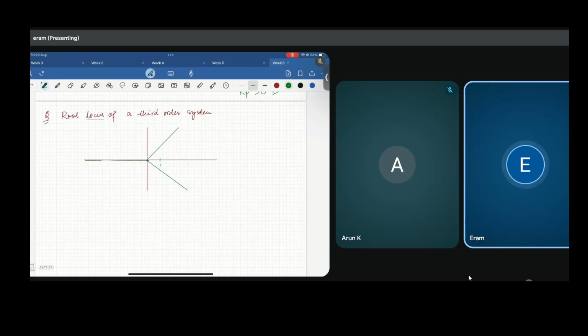This is 1, 2. This point is root 3, 2 root 3. Similarly, minus root 3, minus 2 root 3. This is minus 1, this is minus 2, this is minus 3.